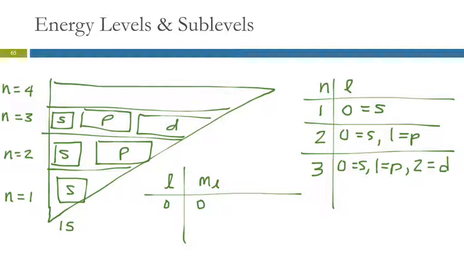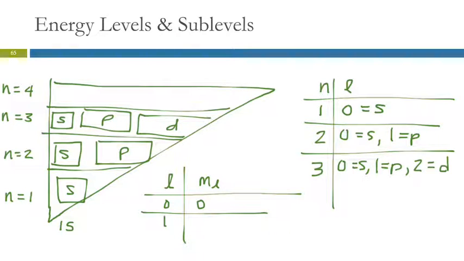So that corresponds to a particular orbital. In the hotel, that corresponds to a particular bed, okay? So in this S room, where L is 0, how many values for m sub L do we have? Just 1. It has to be 0.